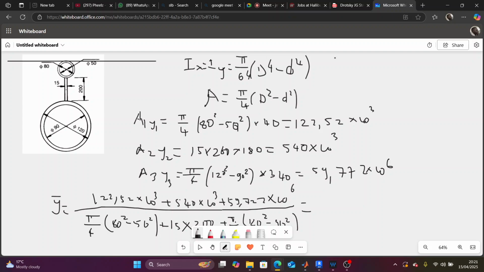No, what I want you to calculate is pi over 4, multiply by 80 square, multiply by 40. It's just the same. What do you get? Yeah, 201.